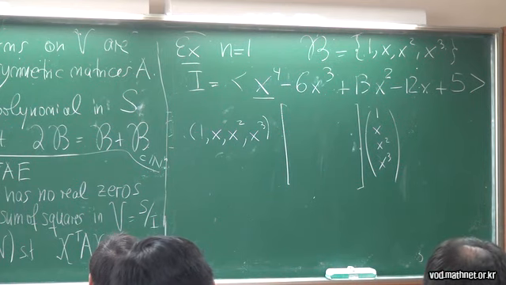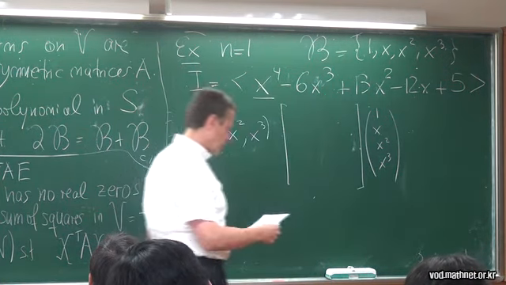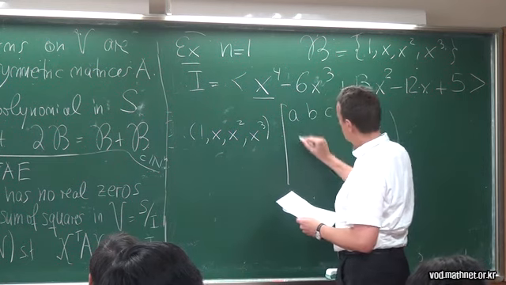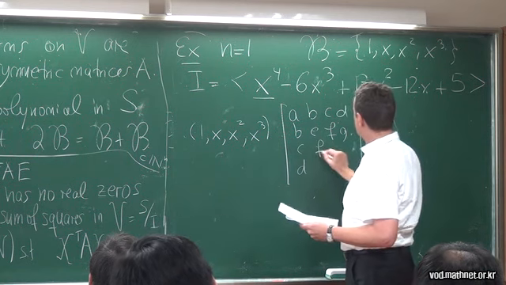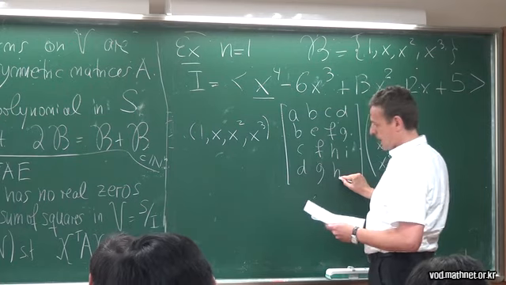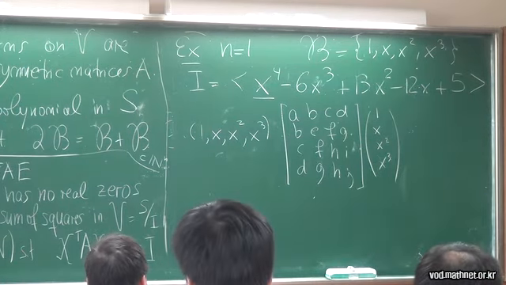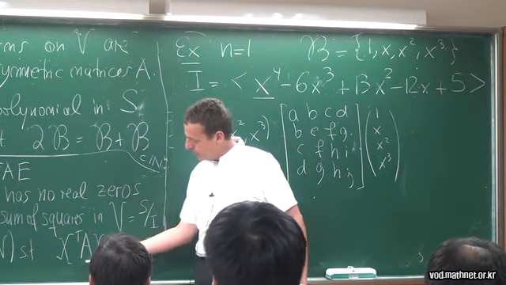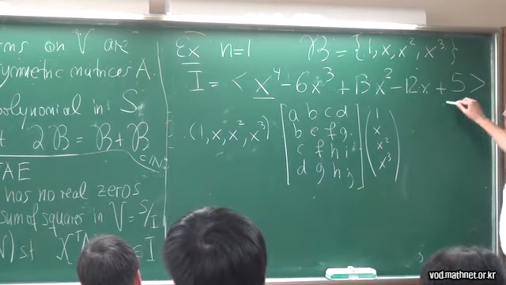So this is the vector X, and that's X transpose. Since we don't know yet about this matrix, let's just put unknowns in there: A, B, C, D, E, F, G, H, I, J. There are 10 unknown entries. So let's just look at this expression. A is an unknown matrix, so X transpose AX is this expression.